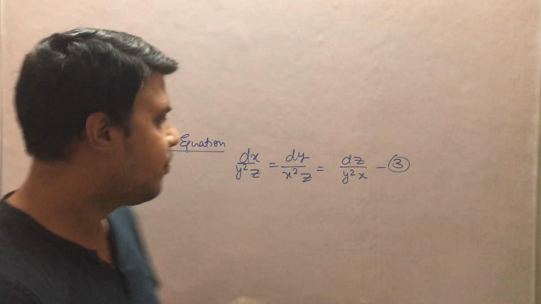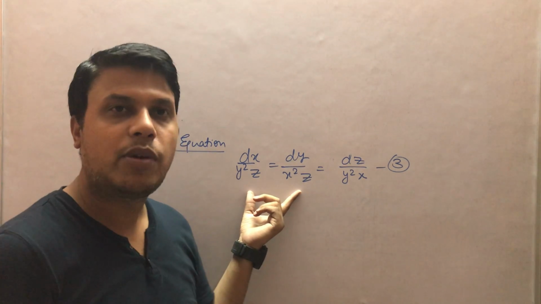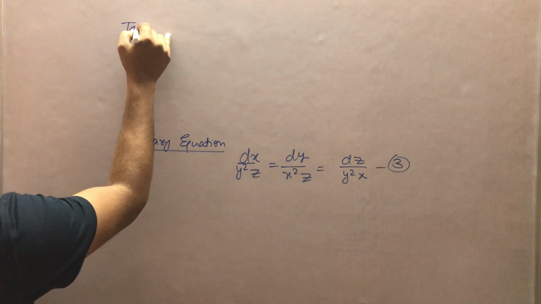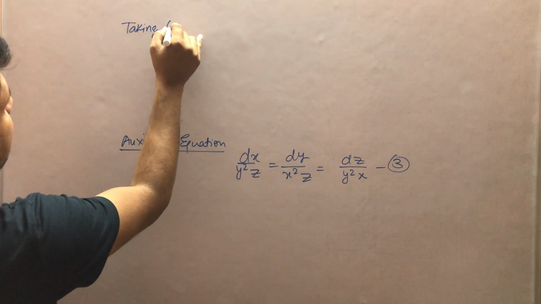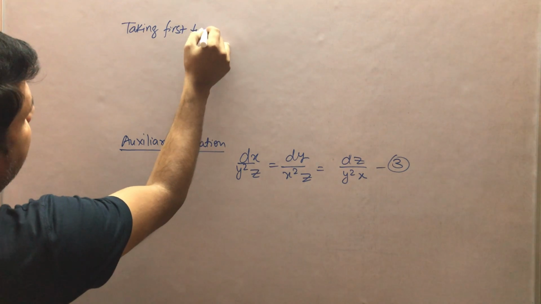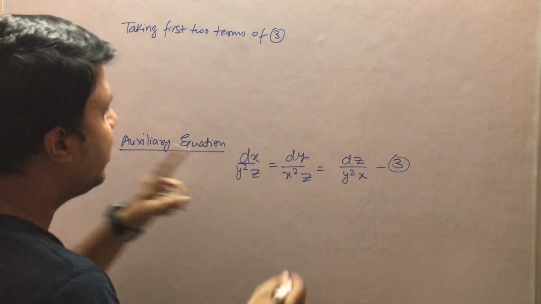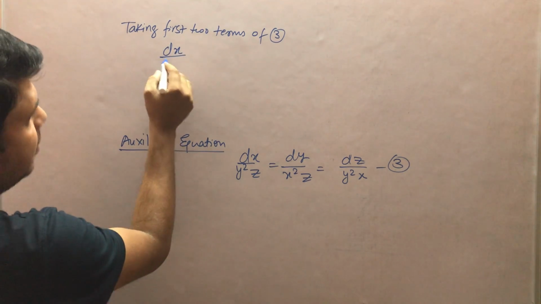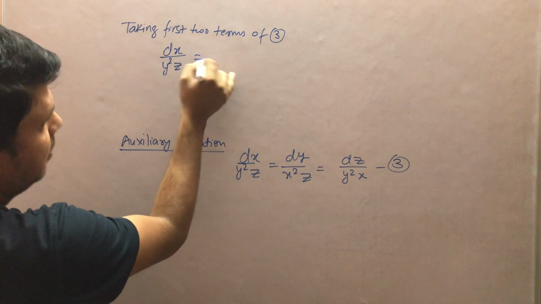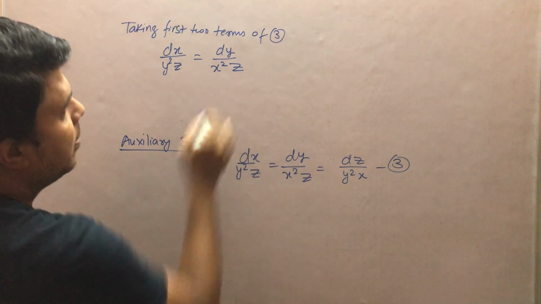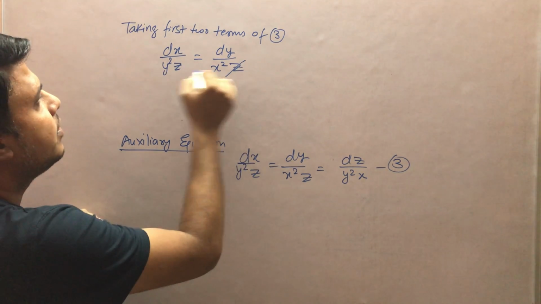So if I take the first two terms of equation number 3, so what we will get? So we can cancel z.